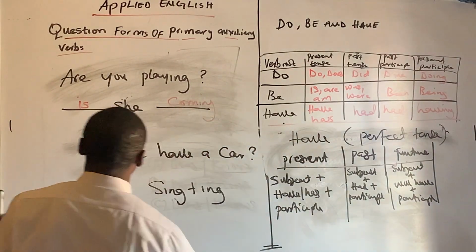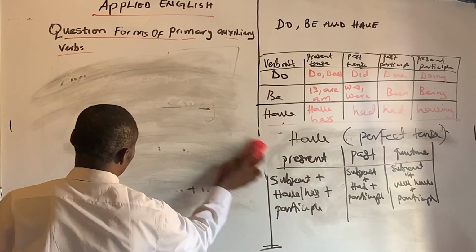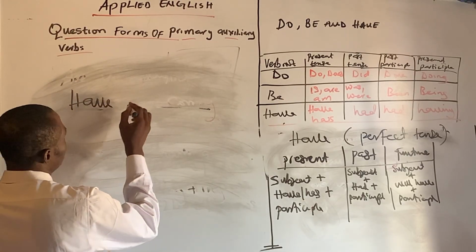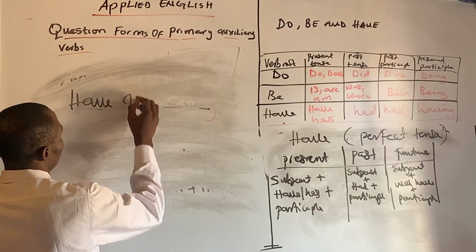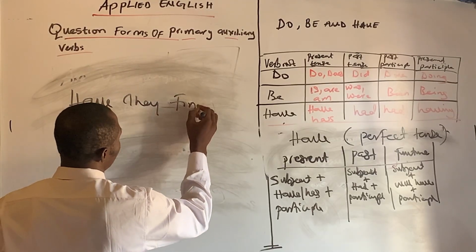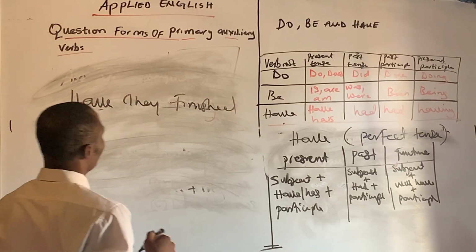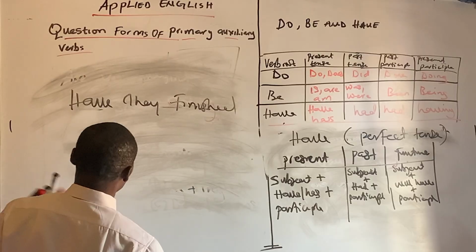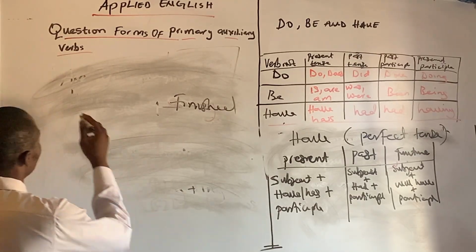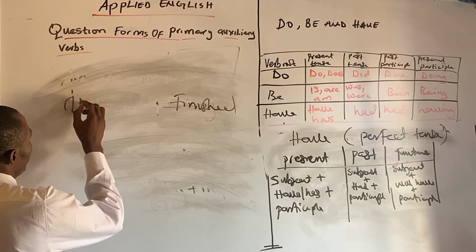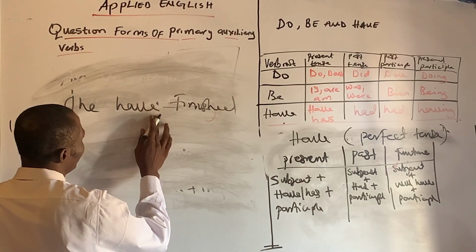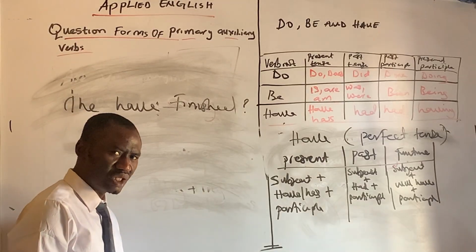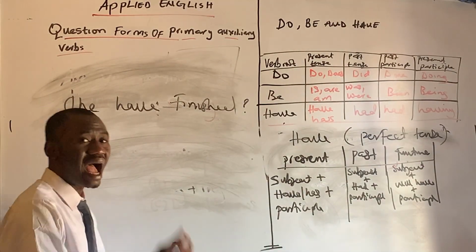All right, so let's make an illustration with the first one. This will become have. Have they finished? Okay, sorry. This is not correct. It becomes, all right, it's also correct. They have finished. That's answering the question "have they finished?"